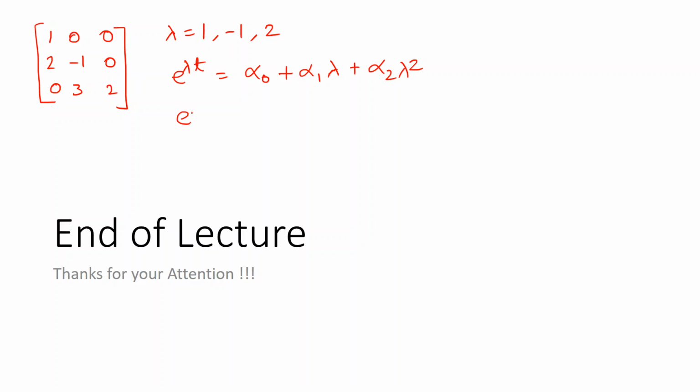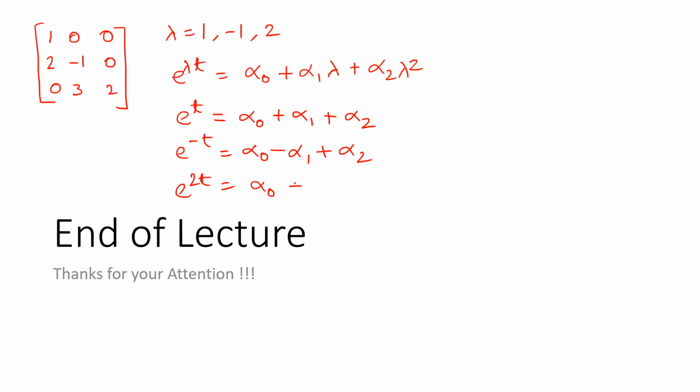So you have these equations: e to the power of t equals alpha 0 plus alpha 1 plus alpha 2. Then e to the power of minus t equals alpha 0 minus alpha 1 plus alpha 2. e to the power of 2t equals alpha 0 plus 2 alpha 1 plus 4 alpha 2.